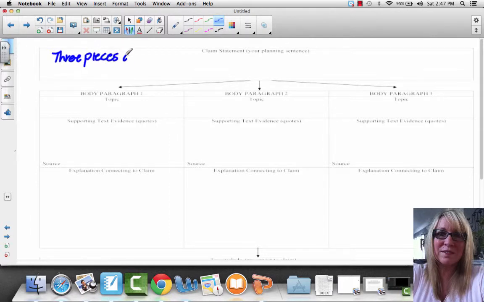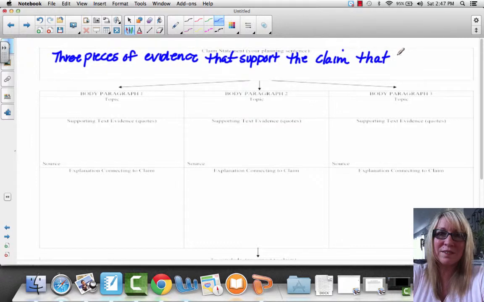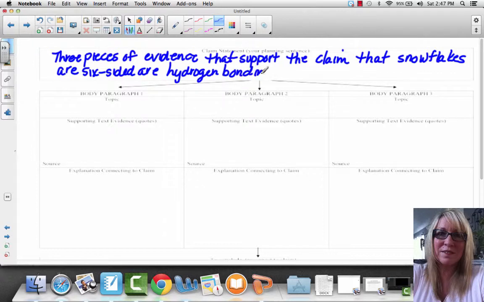So 3 pieces of evidence that support the claim that snowflakes are 6-sided are hydrogen bonding, blank, and blank, and you put in the ones that you found.